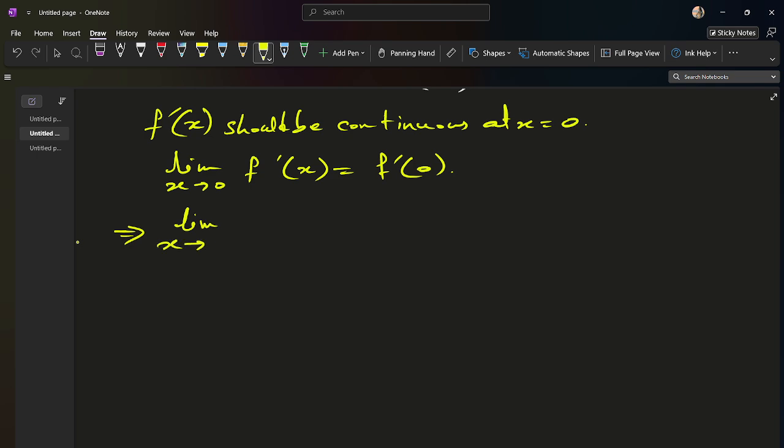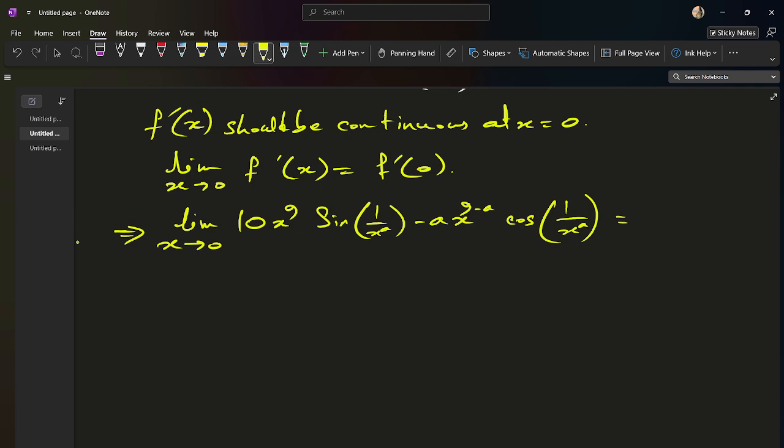So now the limit as x tends to 0 of 10 x to the power 9 sine of 1 by x to the power a, minus a x to the power 9 minus a, and after that cos of 1 by x to the power a, that has to be 0, because our f(0) is 0, so our f dash 0 will also be 0.